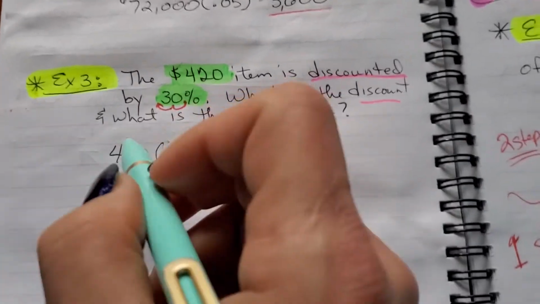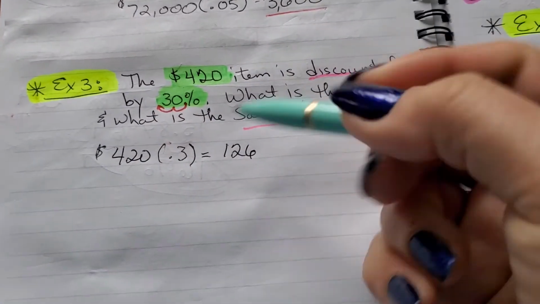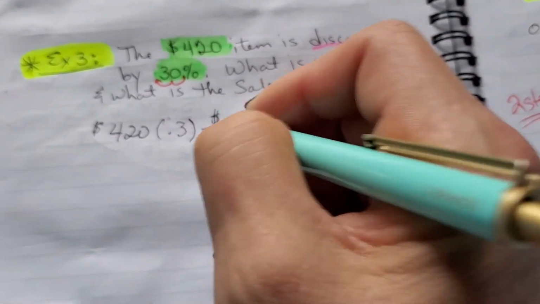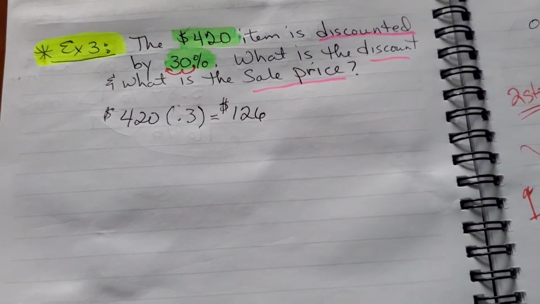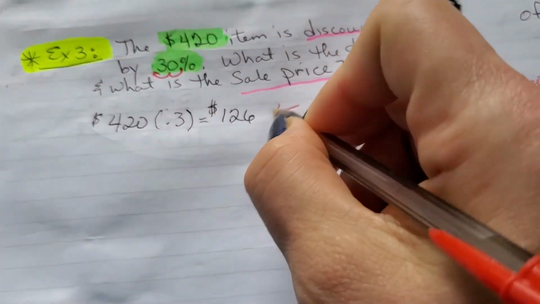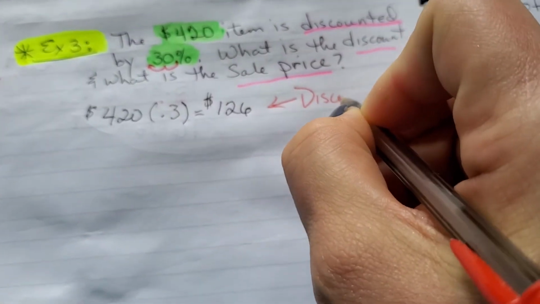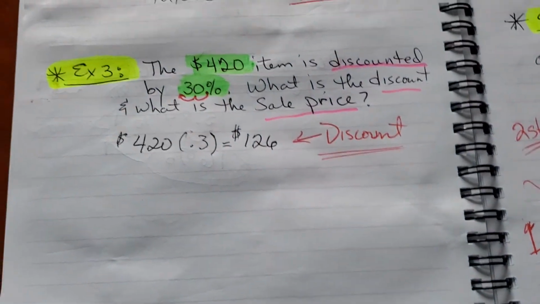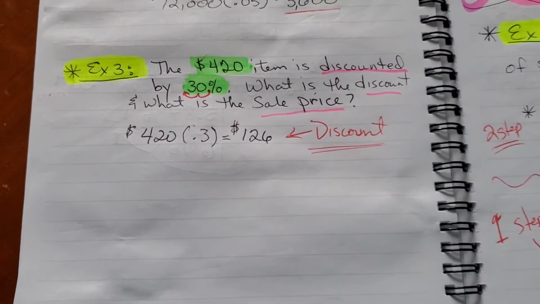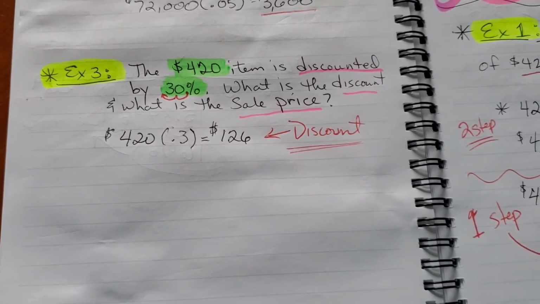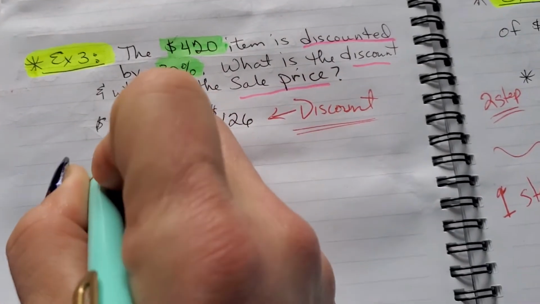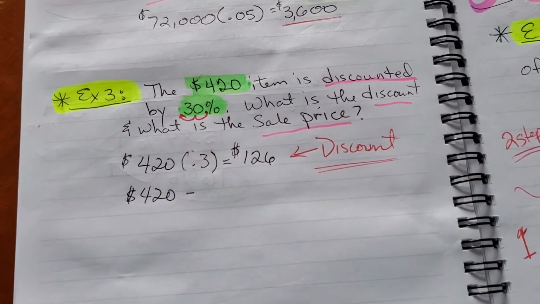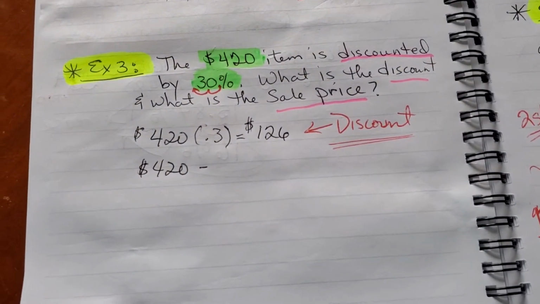So if you were going to go buy that item for $420 and it was 30% off, then $126 is not what you pay. That is your discount. That's not what you're paying. To find how much you're going to pay, we have a second step. We again start with the total amount of money that the item cost before the sale or before the discount.